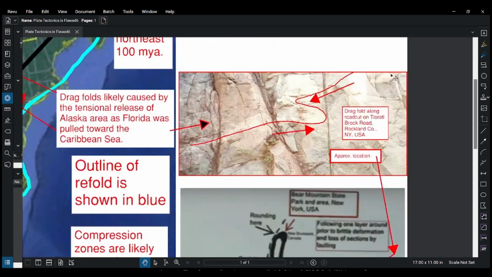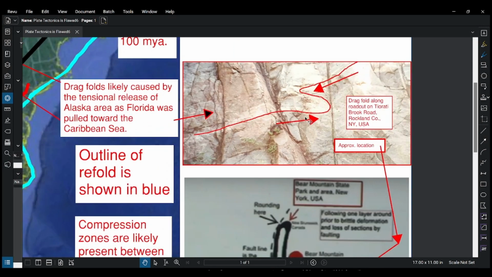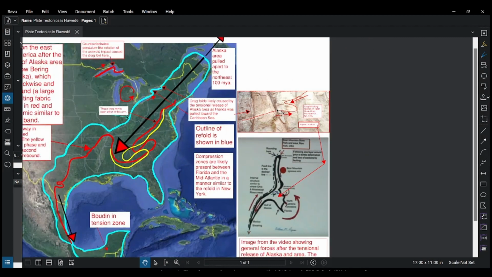Okay, here's something. There's what's called a drag fold here for an outcrop in New York State. So there's like a white quartz layer here, and there's basically a drag fold.